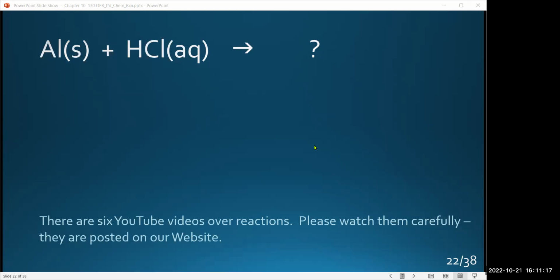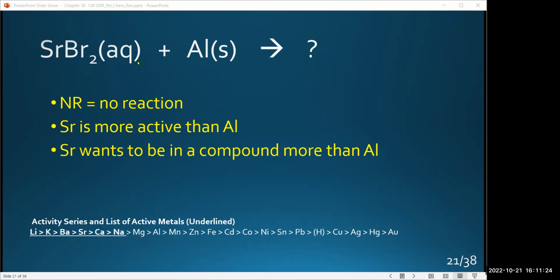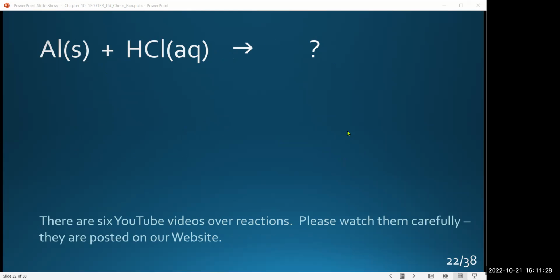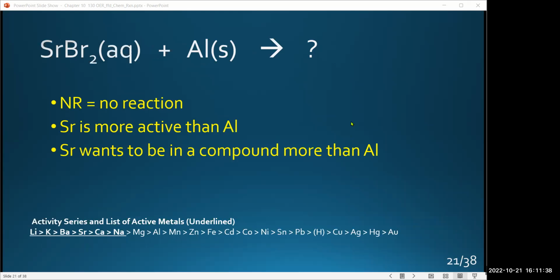Now here's a little bit different, because here we've got 2 metals, one in elemental form and one in ionic form. What we're dealing with now is hydrogen. Hydrogen is our reference point. So for the elemental form of hydrogen, we go to the activity series, right here.